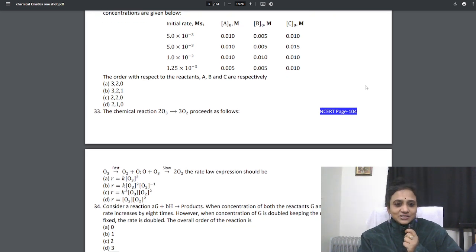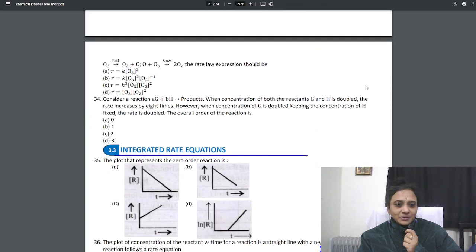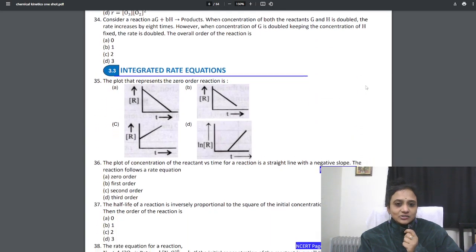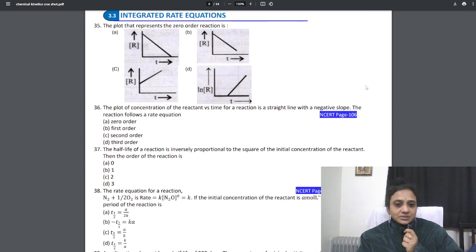Now gradually we are going into integrated rate laws. As I said, the graphical based questions are very important. Based on the integrated rate laws, they will give you the graph and ask which graph represents zero order, first order, second order.